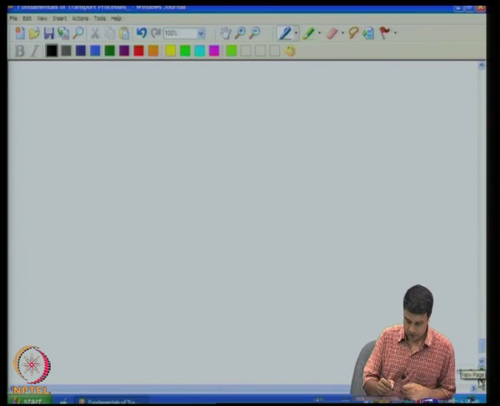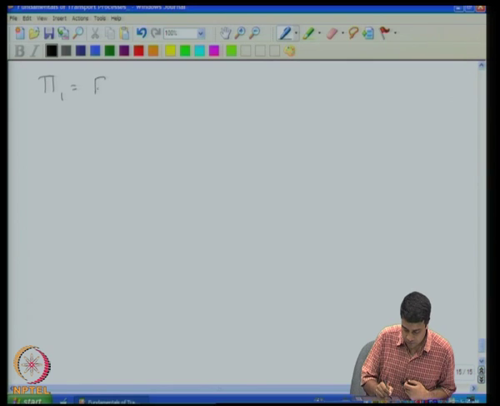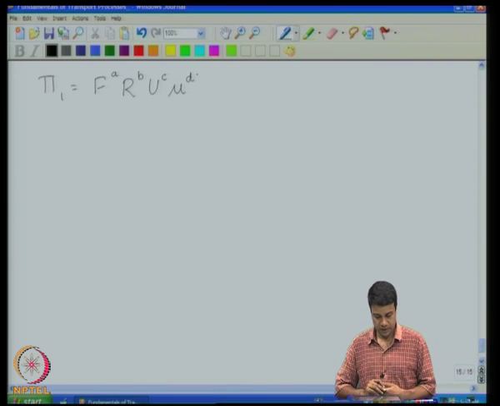So, dimensionless group pi 1 is equal to force power A, radius power B, velocity power C, and viscosity power D. That is the most general relationship that one can write down.